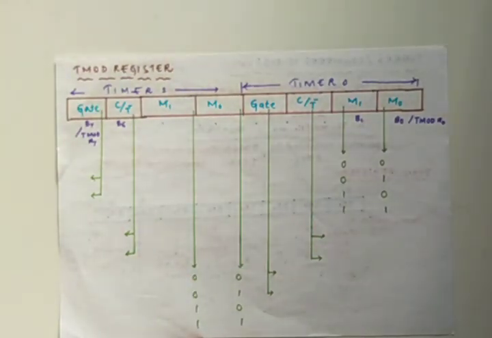The TMOD register lower nibble controls the functions and modes of timer 0 and counter 0. The higher nibble controls the functions and the modes of timer 1.